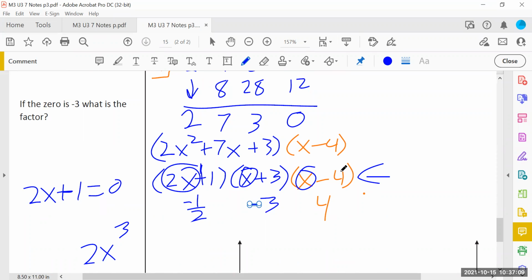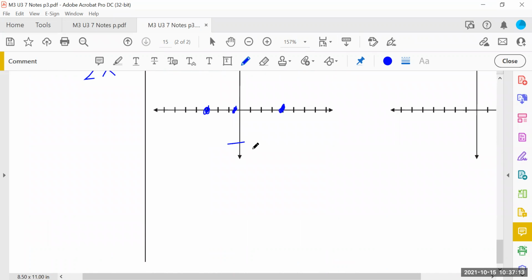What does that give us, Johnson? Negative 12. Put this down here. We know it's low, high. We start low, up, down, up. Make sure we actually hit at negative 12 down there. And that's our answer.